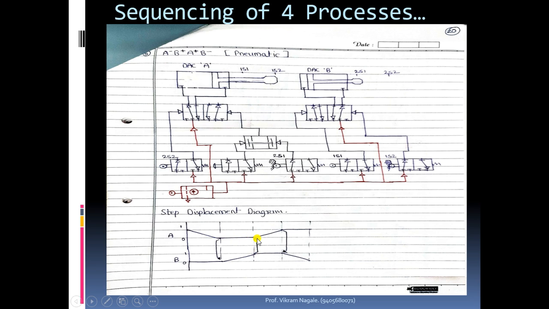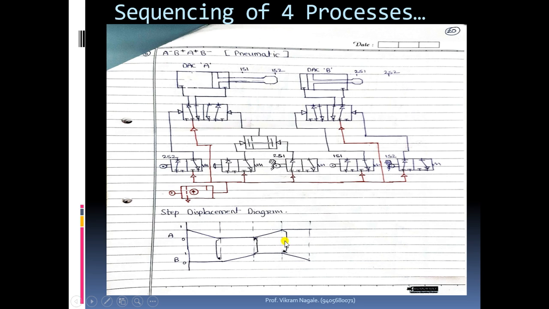and during that cylinder A will remain idle. Okay, after completion of second process we will take a feedback from that and we will utilize to start the third process. So third process will start and it will end here. Okay, so after completion of third process, fourth process will start, and during this third process, cylinder B will remain idle.